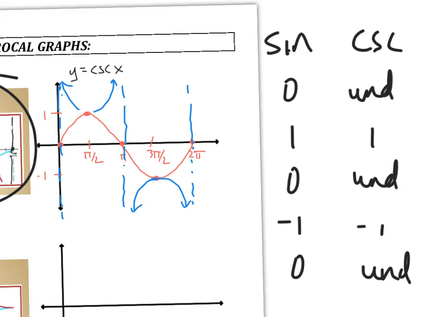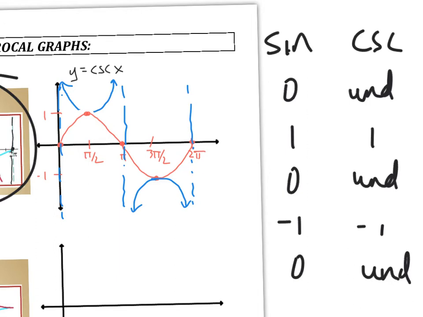Now the big question that is going to come up eventually is, what happens when there is a vertical shift? If there's ever a vertical shift, the point on the midline becomes your asymptote.